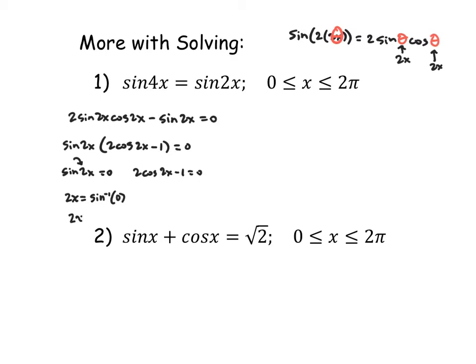So that means 2x is equal to 0 plus 2 pi k. Okay? So every 2 pi units, the sine is equal to 0. Actually, I should go even shorter than that. Plus pi k, right? Because at pi, the sine is 0 as well. We're going to utilize that in a minute here.